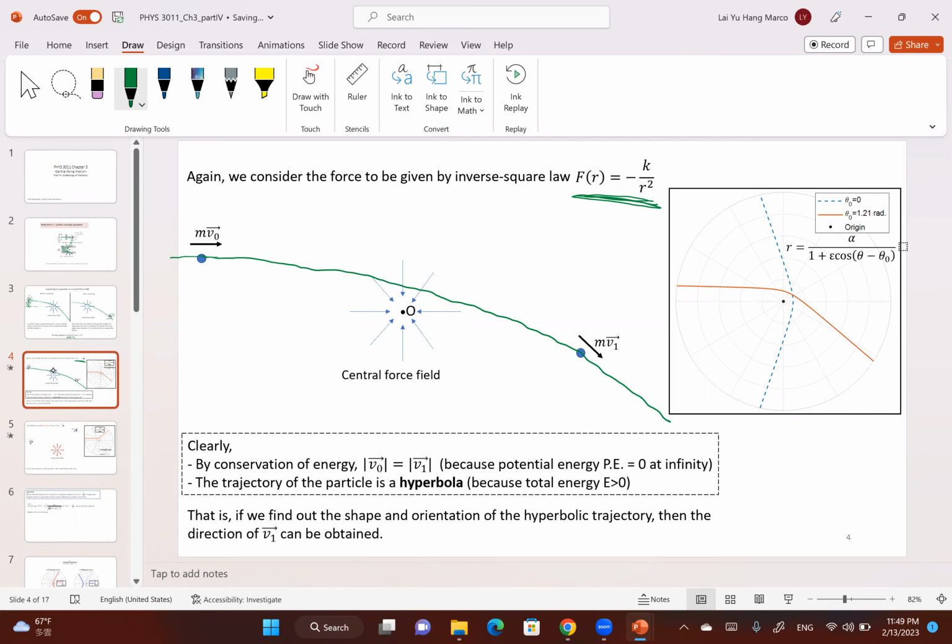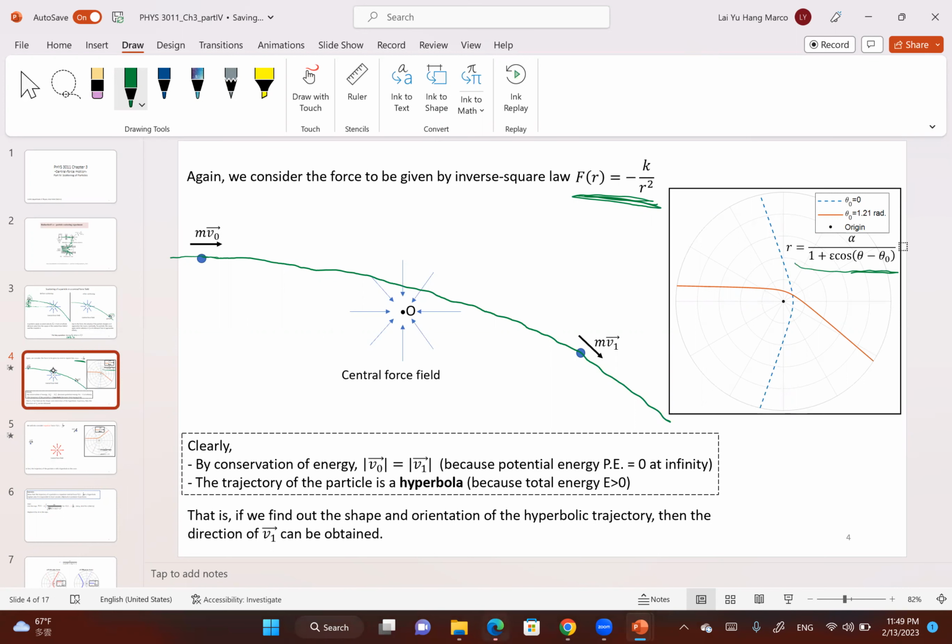Then this green curve over here doesn't look like the usual hyperbola that you are thinking of. If you look at the plot on the right, this is the equation for the hyperbola, given that its eccentricity epsilon is greater than 1.